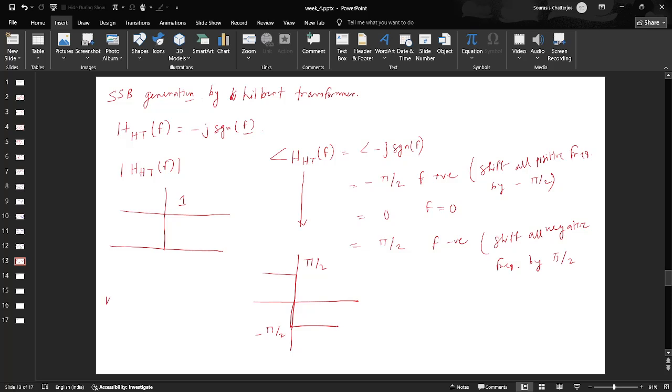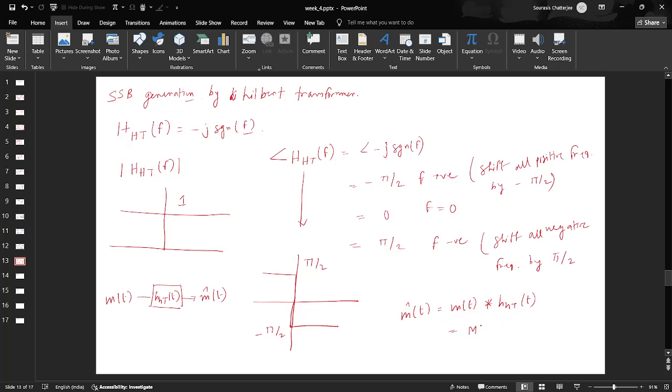So essentially, if my message signal goes through this Hilbert transformer, HT, and I get m hat of t, so m hat of t is given as m(t) convolved with h(t), and convolution in the time domain becomes multiplication in the frequency domain.